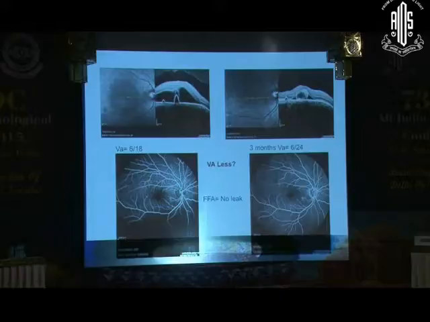There is another case with visual acuity 6/18, and at 3 months visual acuity 6/24. Why is the vision becoming less? We can see in angiography there is no leak. If we see, there is subretinal fibrin deposition at 3 months, which resulted in the decreased vision. So we may not have to repeat the angiogram; only the OCT can tell us why the vision is dropping.